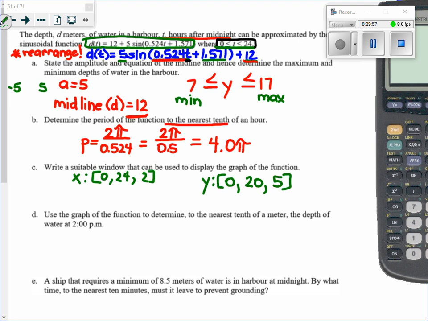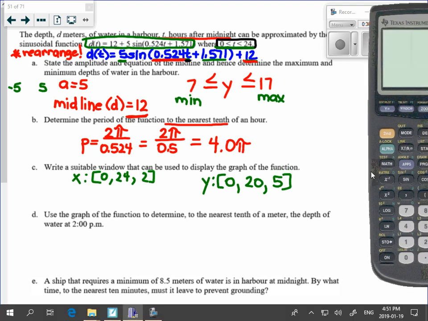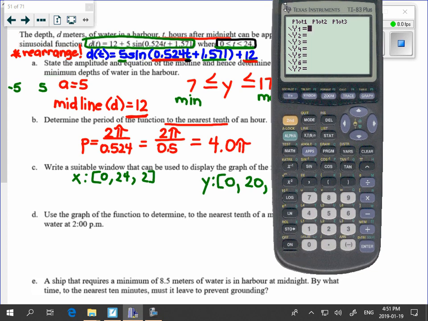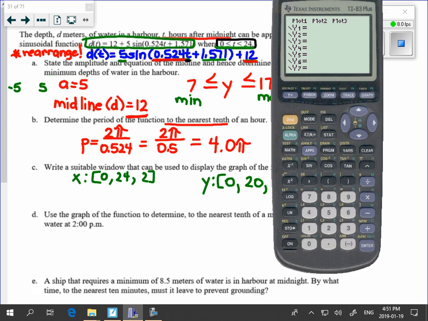Okay, then it says, use the graph of the function to determine some information. Well, we haven't even put this into our calculator yet, so we better do that. Let's go into our y1. You do this on yours as well. We're going to put this graph in, but I'm going to put in the rearranged version, my blue writing here, so that it's in the form that I'm used to seeing.